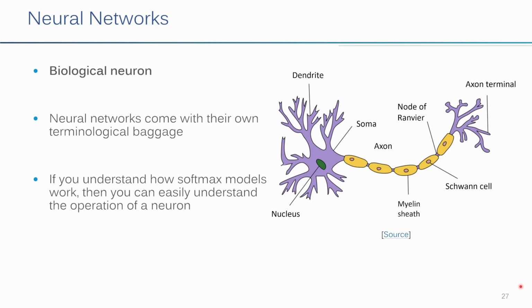If you understand how softmax models work, then you can easily understand the operation of a neuron, or at least the operation that our artificial neuron will try to mimic. We take a bunch of signals as input, we give those signals some sort of importance, we put this into a special formula, and this allows us to produce an output that can be correlated with the input.